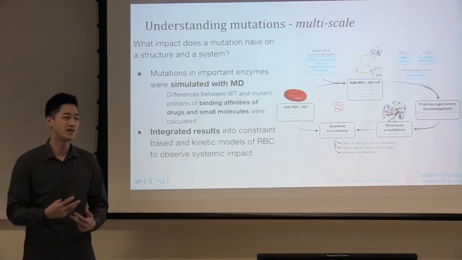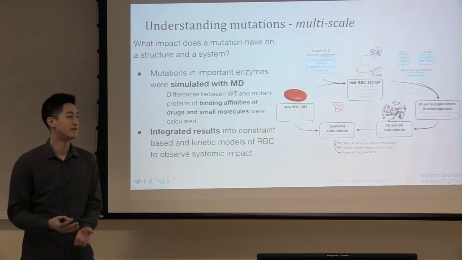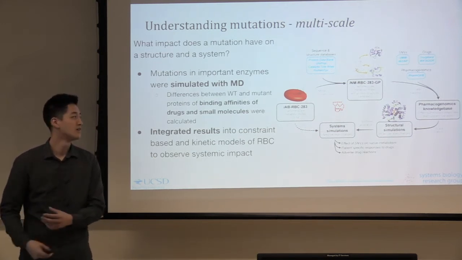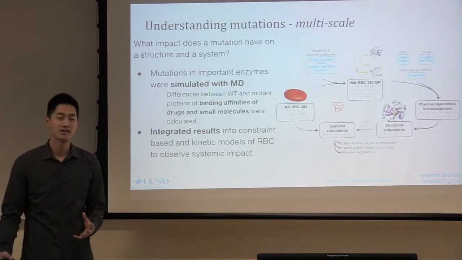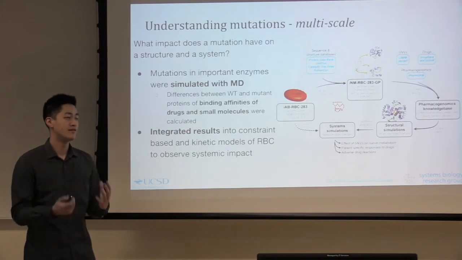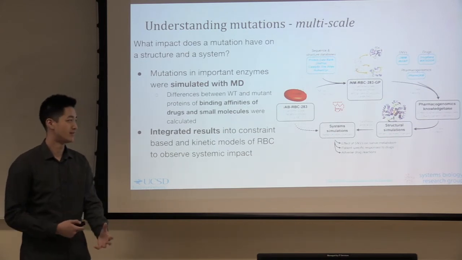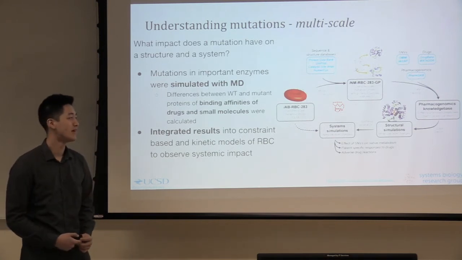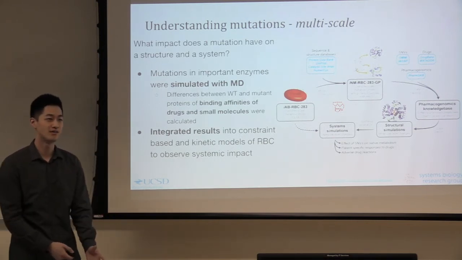And so with MD and docking and free energy calculation techniques, what you can do is compute those differences between wild type and a mutant in the binding of these small molecules, and then get a difference in free energy of binding for these two enzymes, for the wild type and the mutant, and then simulate that with the genome scale model.